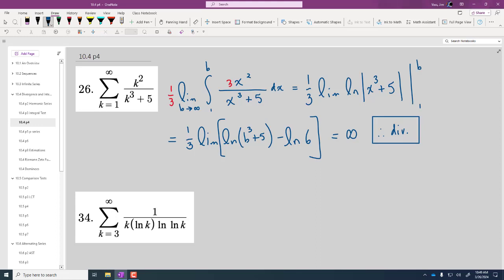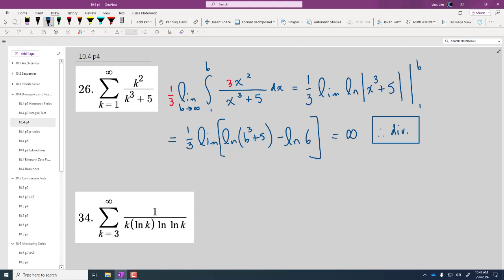Now, let's go back to the original summand and think about whether that's logical. And the answer is, yeah, that's logical. The essence of this summand is 1 over k. The 5 is doing diddly in the bottom.